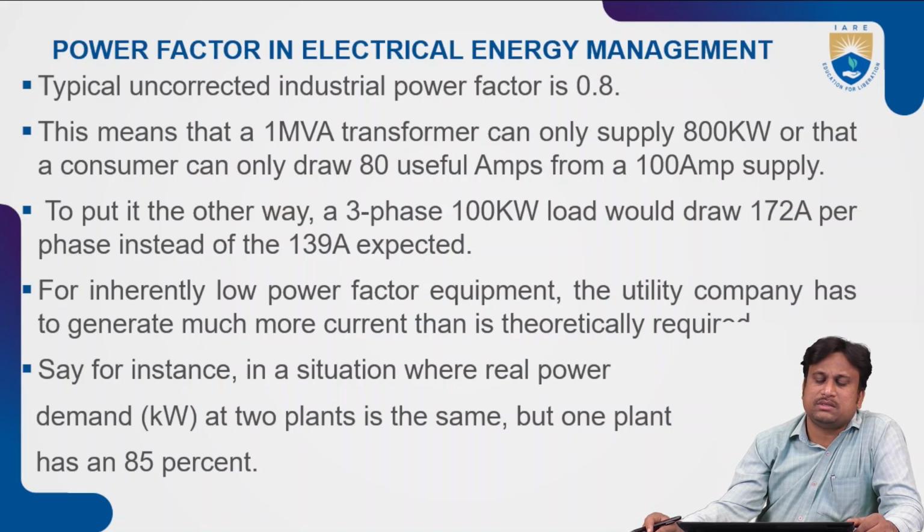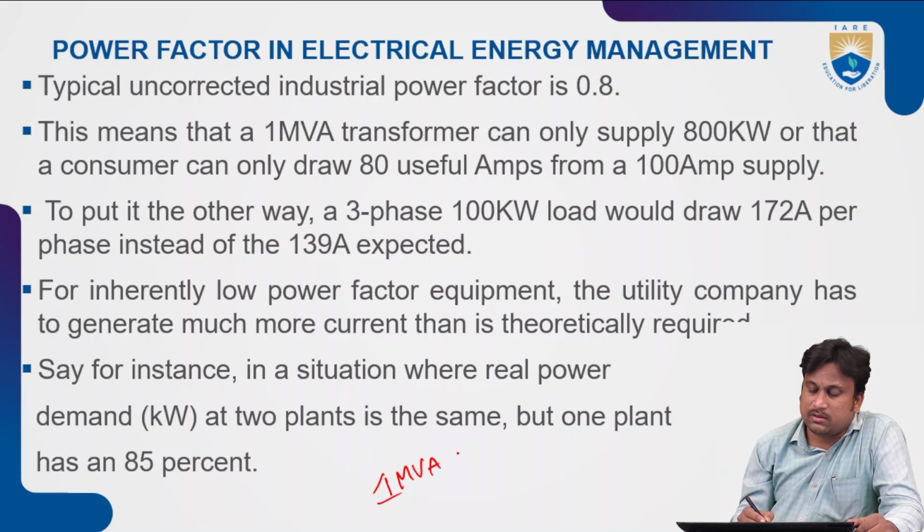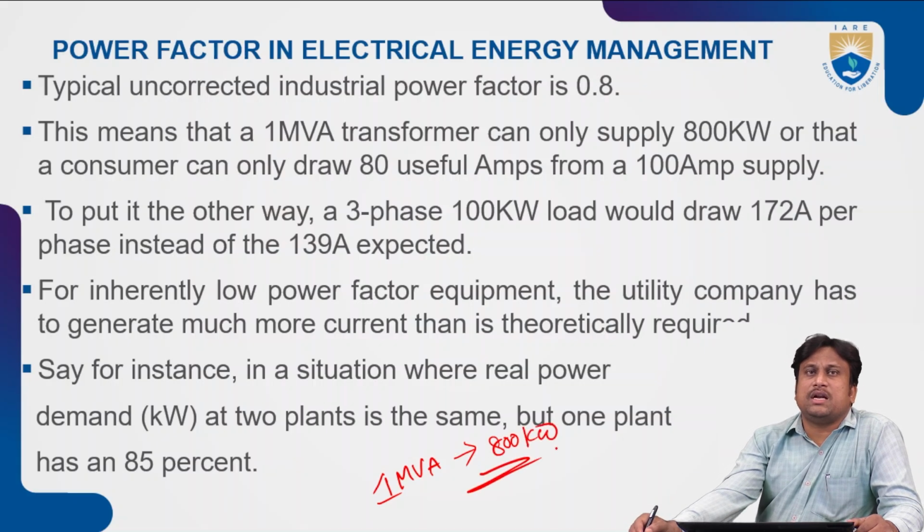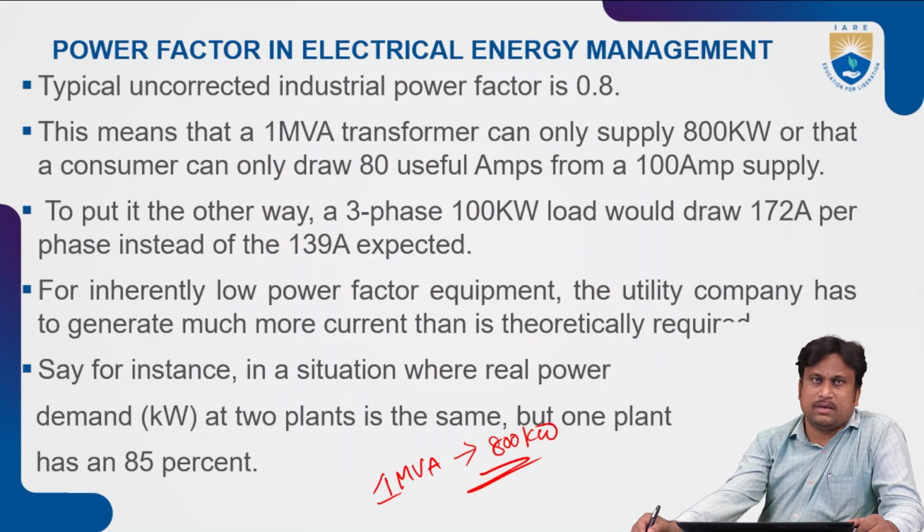This means that a 1 MVA transformer can only supply 800 kilowatts, or a consumer can only draw 80 useful amperes from 100 amperes of the supply.